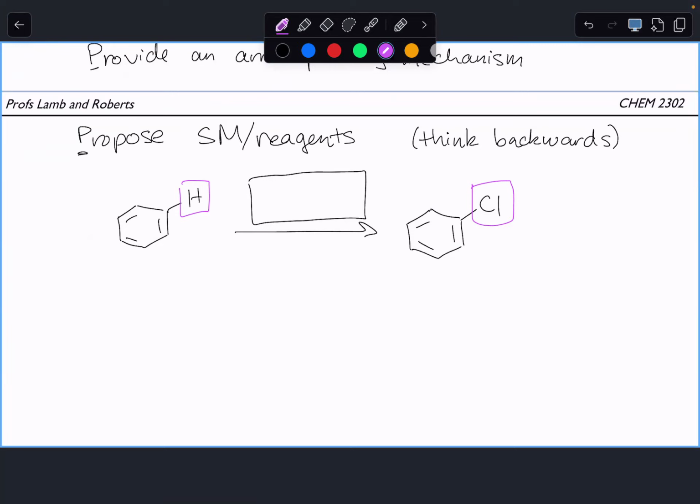And because we know that our aromatic ring is going to be our nucleophile, the reagents that we need to provide must be the electrophile, right? So when I'm thinking about this, what's going through my head is that we're adding chlorine. So that must mean that we're doing a chlorination.